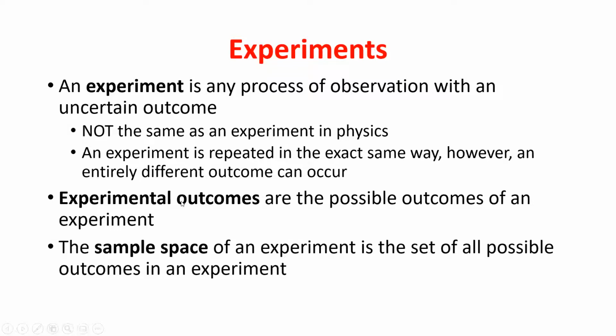So let me try to paint how these are different. Let's say I've got my dice, right? I know it's 1 through 6. I know those are the experimental outcomes. But let's say instead of numbers, there are pictures on there. And I don't know what the pictures are. Maybe they're of animals, but I don't know what the 6 animals are. If I only roll that dice twice, I'm only going to see at most 2 of the different pictures, right? So my sample space, I'll only know what the outcomes I've seen are.